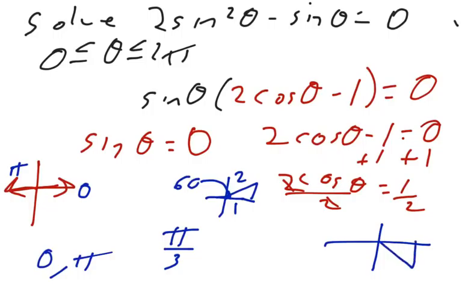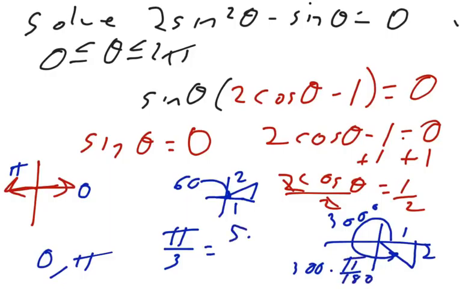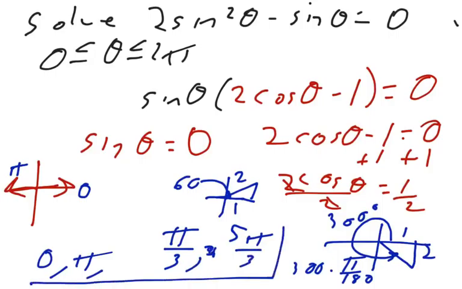We also have the same thing down here, where if the reference angle is 60, then the actual angle is 300. Well, when we change 300, and remember we change it by multiplying by pi over 180, that turns out to be 5 pi over 3. So here are 4 answers, and there's a little bit more review from what we did in class.